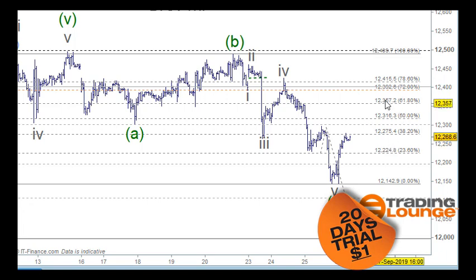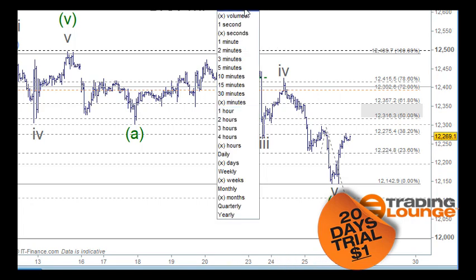The 40% and the 61.8% are both valid areas, so I need to be a little bit mindful of this. The other thing is that the S&P 500 has got 5 waves up here. On the European markets, we don't have 5 waves up here. We still need to move a little bit higher for that.